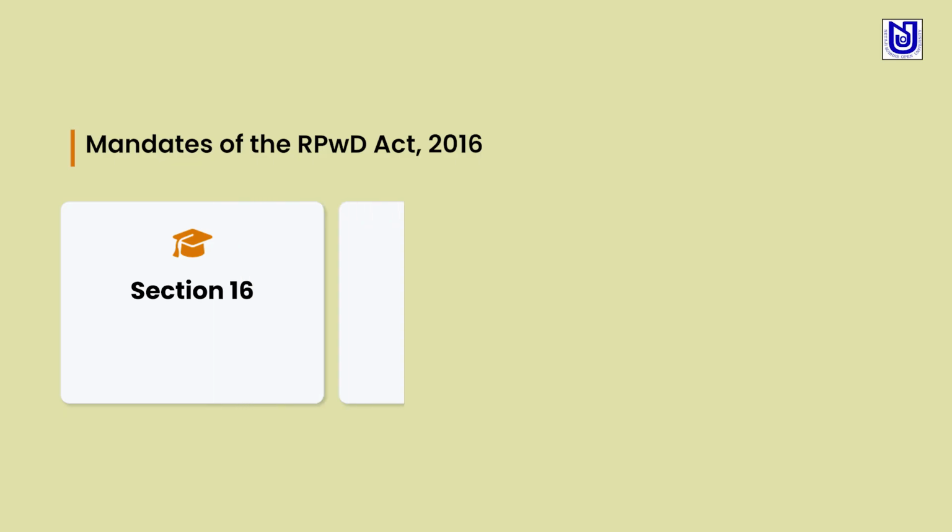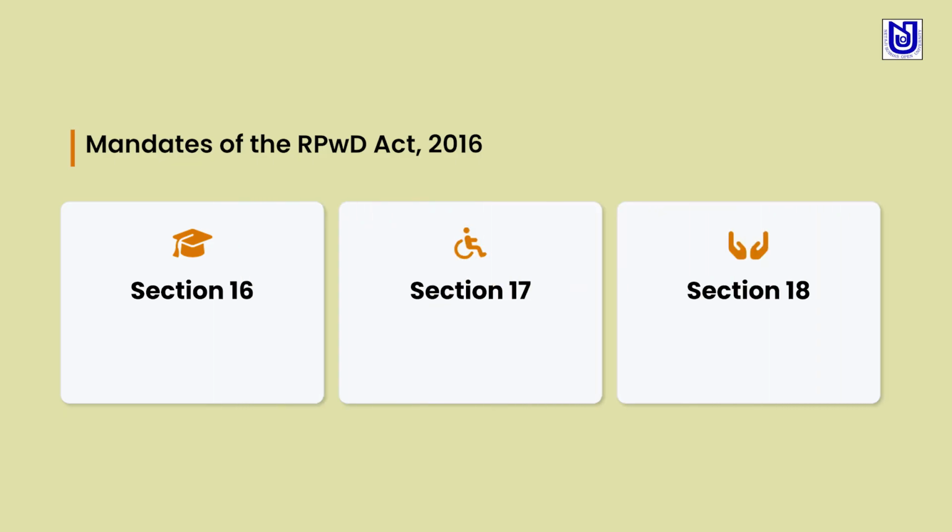Therefore, if we can focus briefly on the latest RPWD Act of 2016, we can talk about certain provisions such as Section 16, which says that schools must provide admission without any discrimination and also offer equal learning environments to all children. We can talk about Section 17, which mandates systemic structural reforms to create barrier-free architectural design, accessible transport, and customized educational materials for learners.